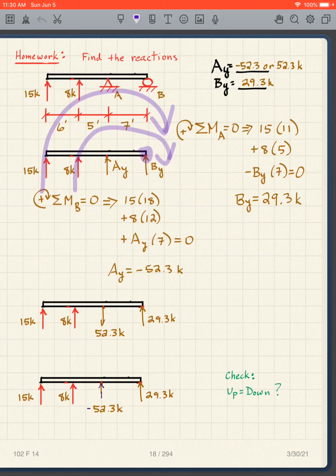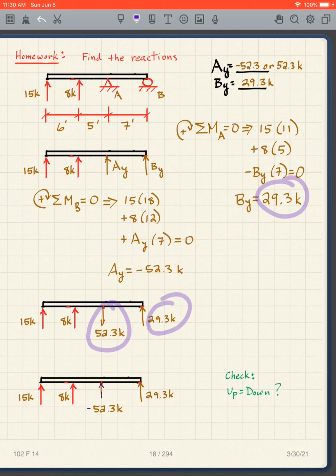So they're all positive. I solve for AY. Get AY as negative 52.3, which means that now the arrow is going to go down. Positive 52.3. Then we have the 29.3 from here.